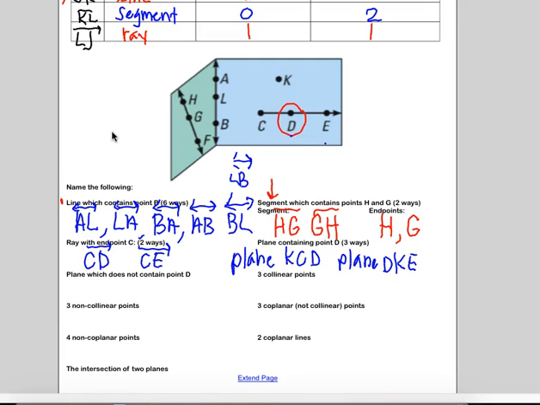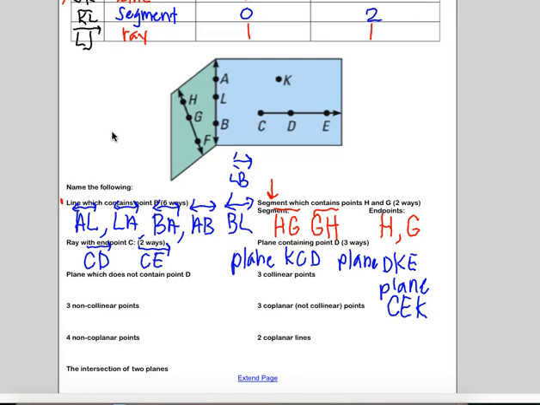I'm just using these points in the plane, right, guys? Or plane DCEK. Essentially, you just need to make sure you use point K because it does not fall on this ray CE.